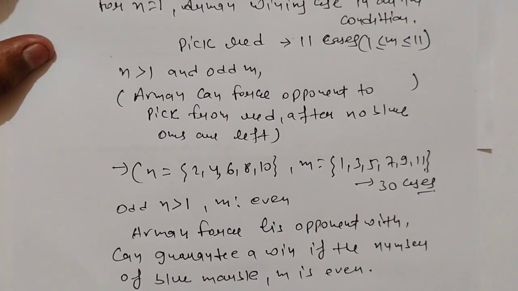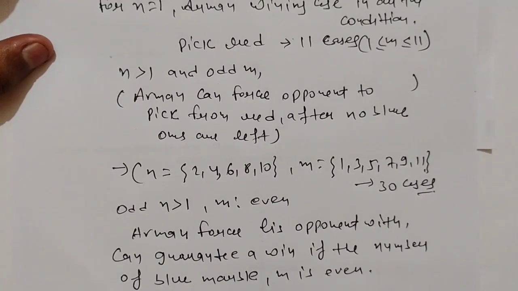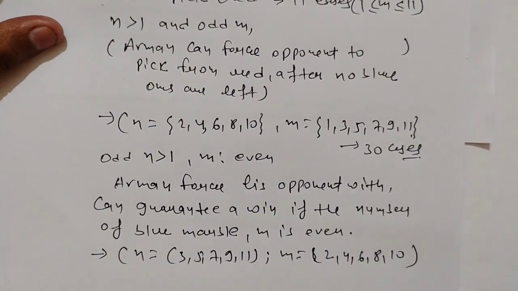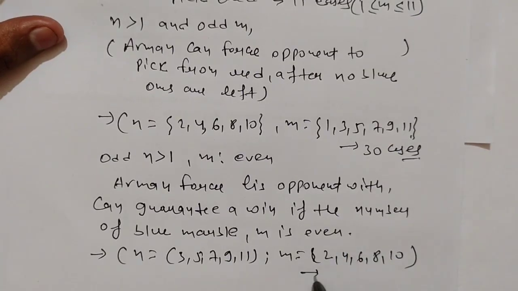So n is equal to 3, 5, 7, 9, 11, and m is equal to 2, 4, 6, 8 and 10. So a total of 25 cases are here.